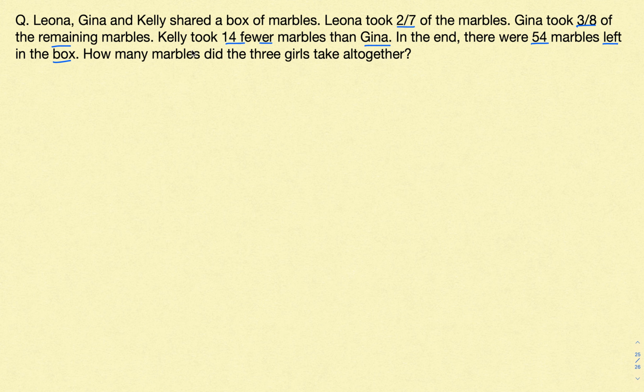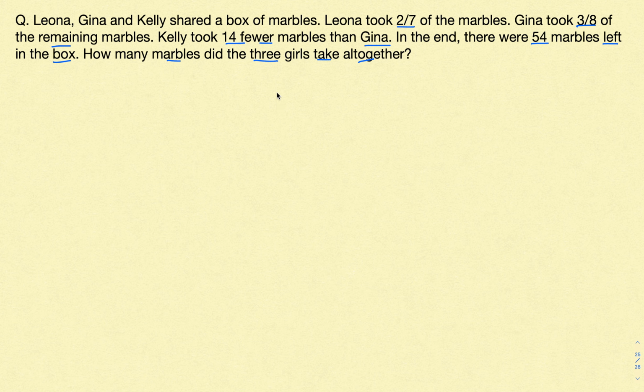Kelly took 14 fewer marbles than Gina. In the end, there were only 54 marbles left in the box. So our job is to find how many marbles the three girls took altogether.